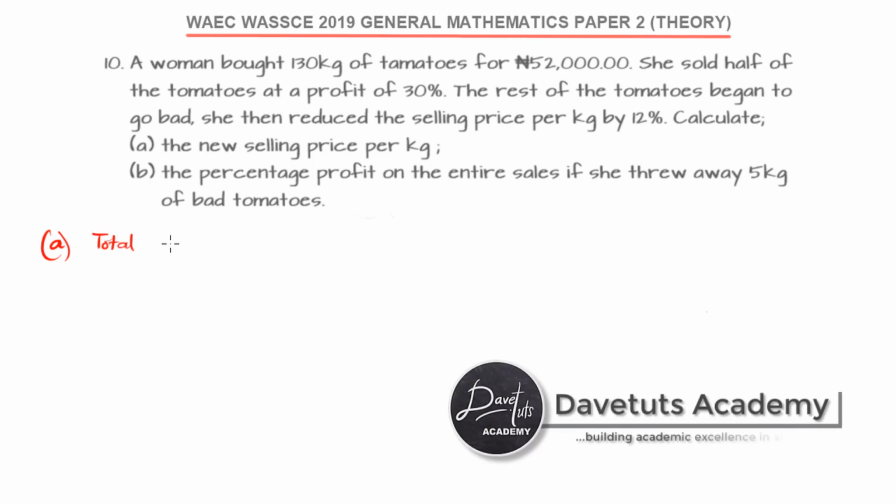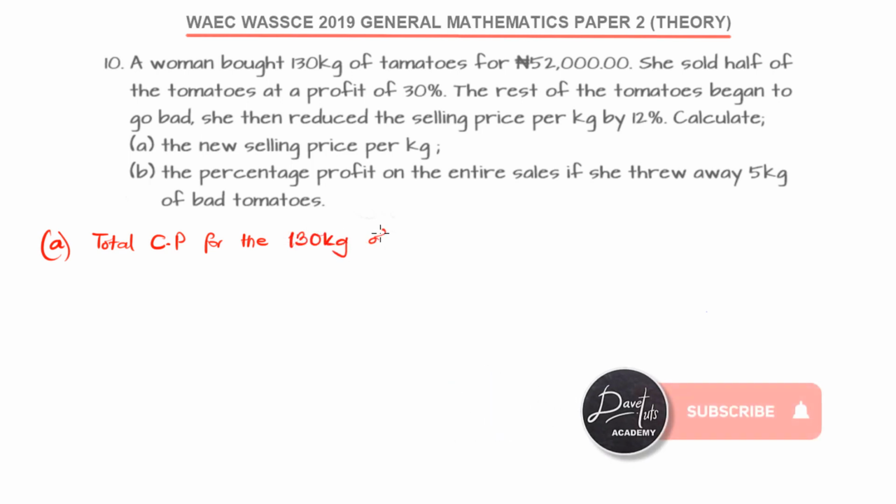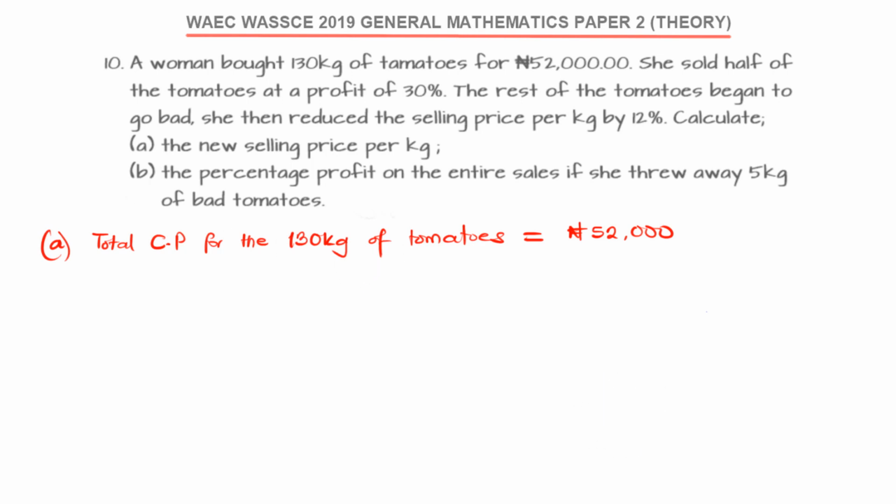Now, in the first question, we need to be able to interpret this very well, otherwise we will get it wrong. In the first case, we are told that the total cost price for the 130 kilogram of tomatoes is 52,000 naira. That's the first statement that we are given. Now, we are told that she sold half of the tomatoes at a profit of 30%.